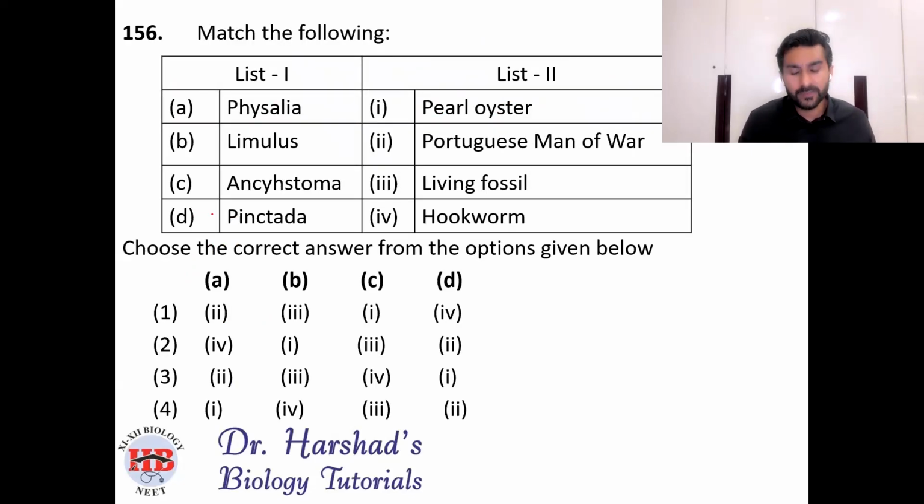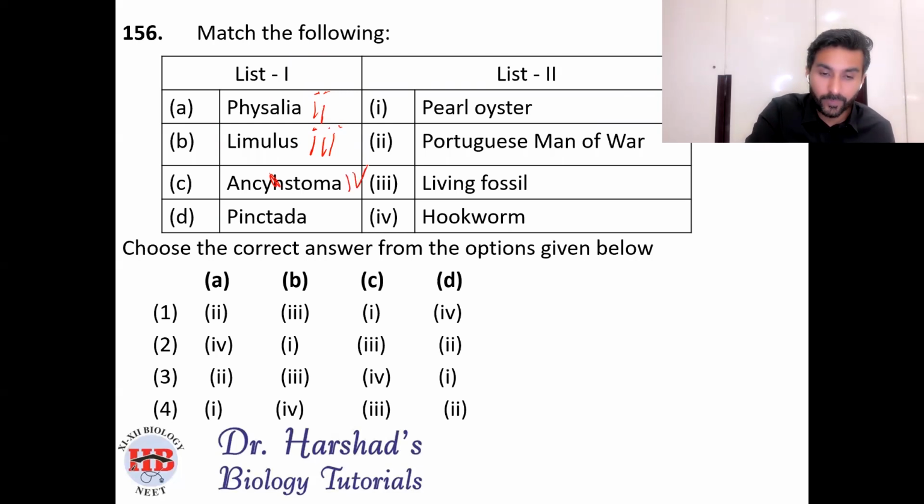Match the column. This is a question from the chapter Kingdom Animalia. If you remember, Physalia is the name for Portuguese man of war, so A matches with option 2. Limulus is your living fossil under Arthropoda, so it's B3. Ankylostoma, the spelling error is here, is your hookworm, so that's C4.